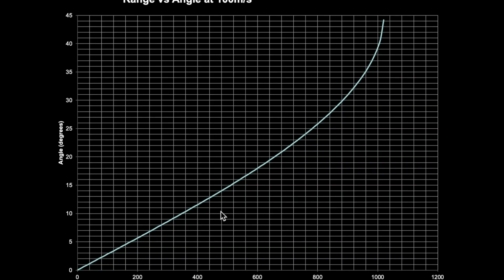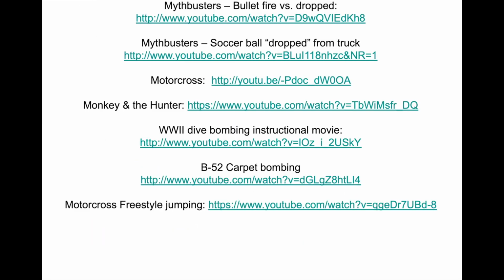So in the middle of the battlefield, the target's this far away, I want to travel a certain range: what angle do you have to put the gun at, and how much gunpowder do you have to add to change the velocity in order to hit your target? So, a little history here.